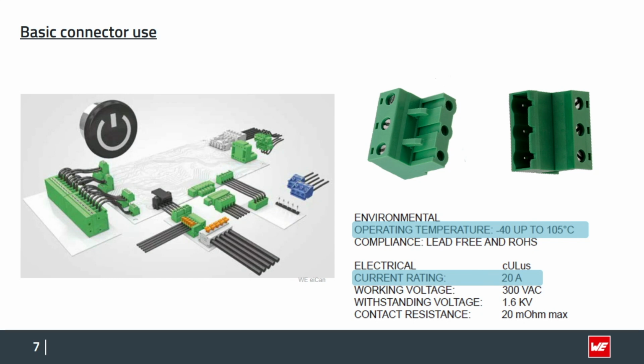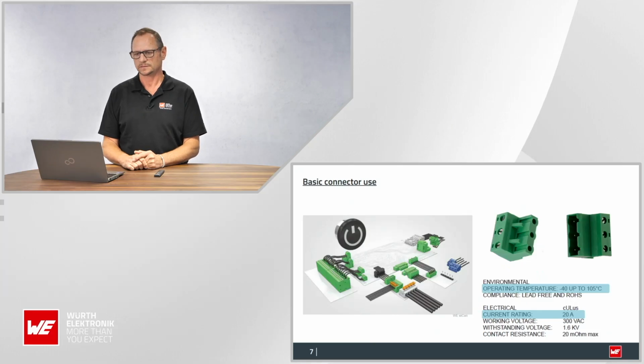It is also marked with the current rating. We don't care about voltage and so on right now. The current rating here is given as 20 amps for UL. Now the question is, if I look at this data, 105 degrees, can I run this kind of connector with 20 amps at 105 degrees? This is a question we will find out later.